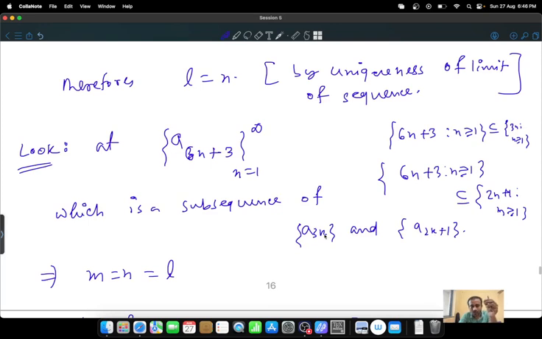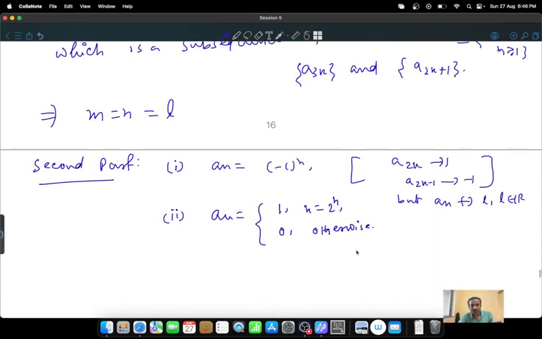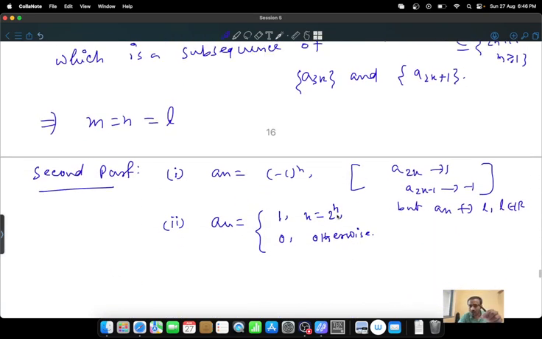If you look at the subsequences A3k, that is multiples of 3, and all the odd ones, a common idea will be to look at all the other numbers which are not covered by these two sequences, that is, numbers that are not odd and not multiples of 3. One of the choices is 2 to the power n, which is neither odd nor a multiple of 3.